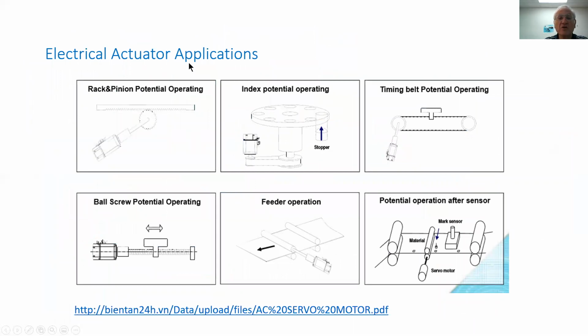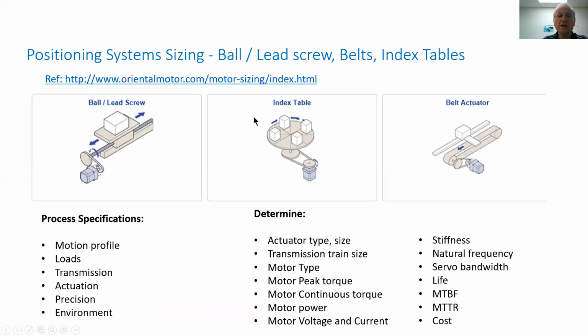The applications of electrical actuators are numerous. They include timing belts, indexing tables, rack and pinion mechanisms, ball screw mechanisms, various fitting mechanisms, and they all may work as a mechatronic system with various sensors, which are part of the automation process.